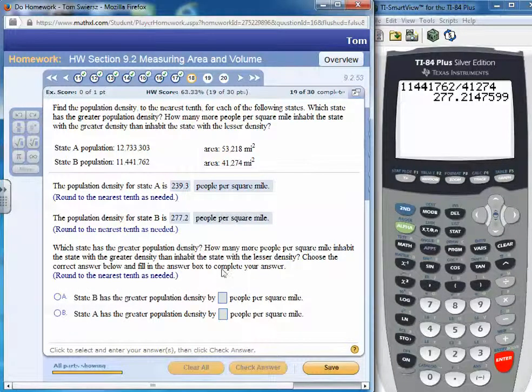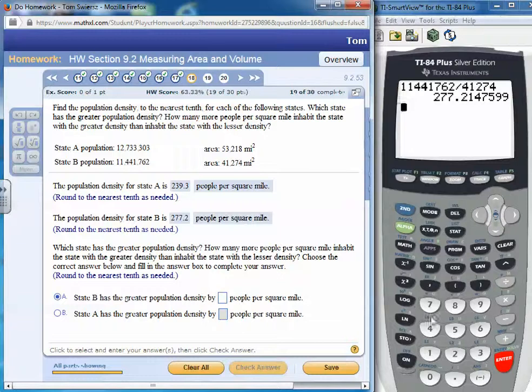Which state has a greater population density? State B has the greater population density, more people, a higher number. And by how many people, rounded to the nearest tenth?